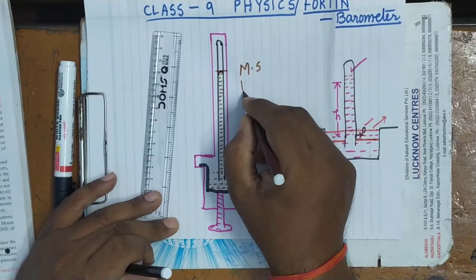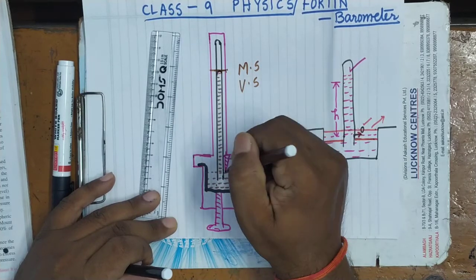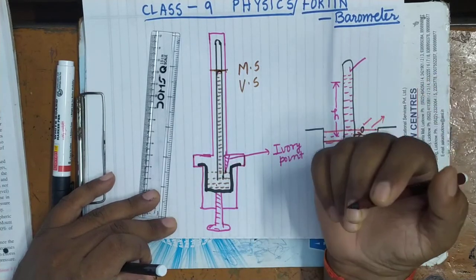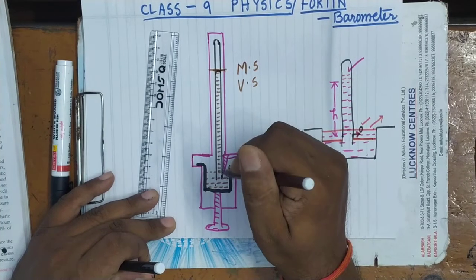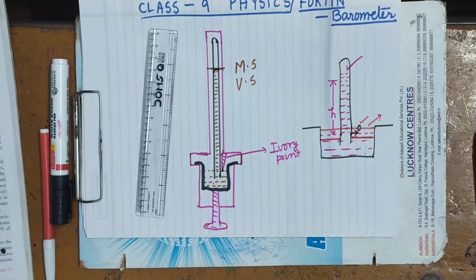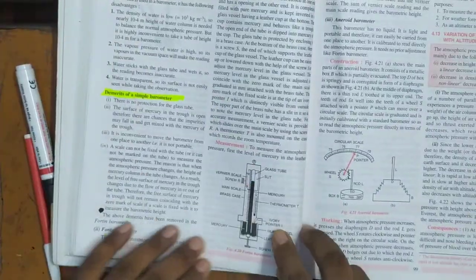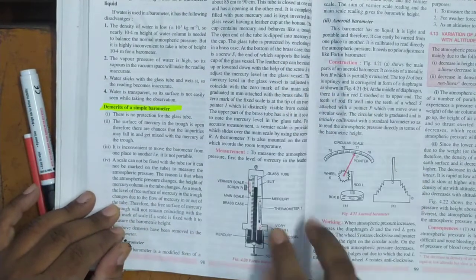With the help of these two scales, you can record this position, and the difference of this and this will be the barometric height. So in this way we can record the atmospheric pressure or barometric height. It is clear? It is shown here in the diagram. You can see here in your book, this diagram has been shown so that you can read.